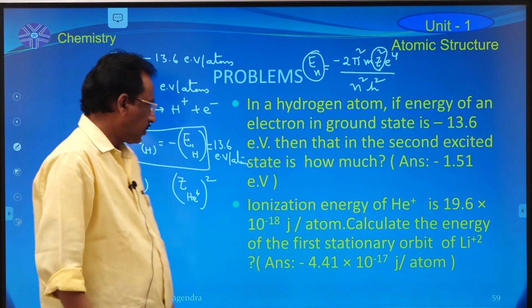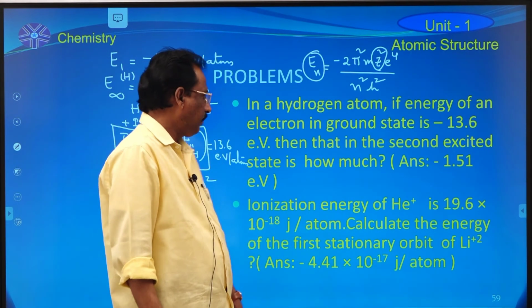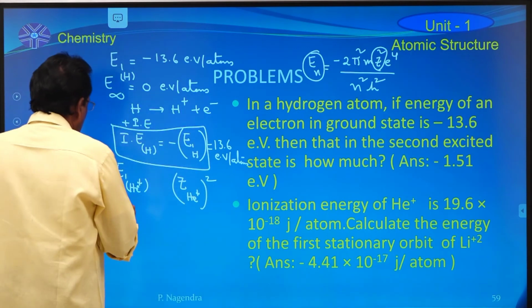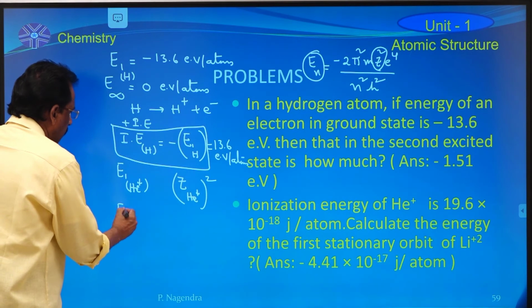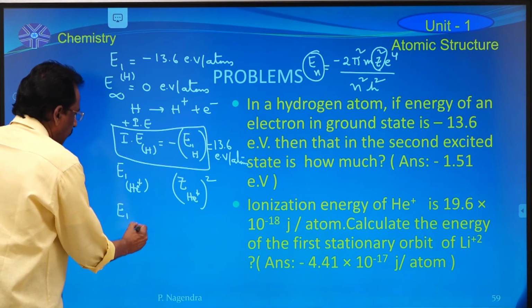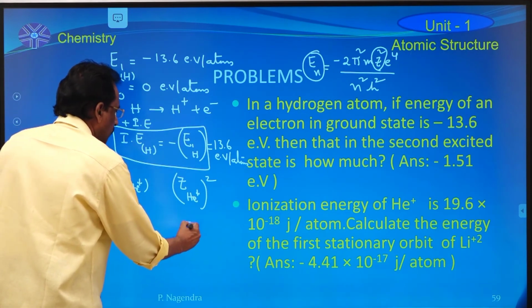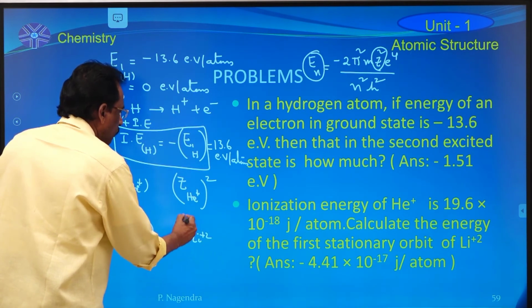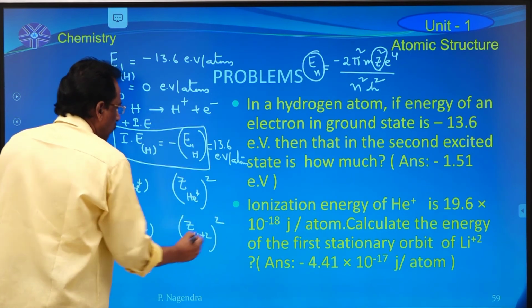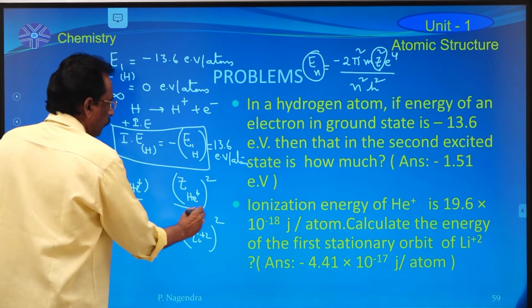Now, the other isoelectronic species in this problem is Li plus 2. So, the E1 of Li plus 2 is also directly proportional to the atomic number of Li plus 2 whole square. Now, calculate the ratio between these two.